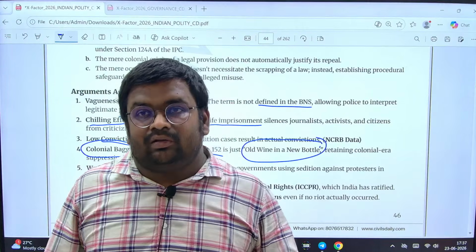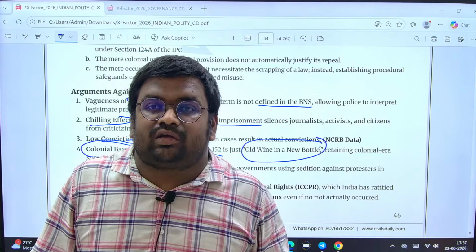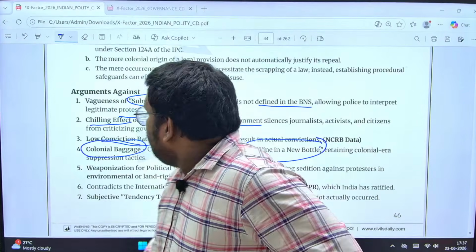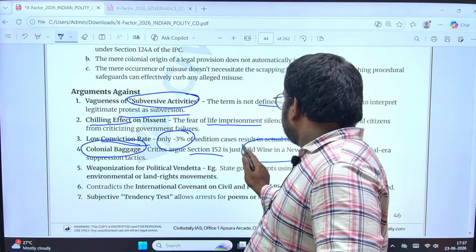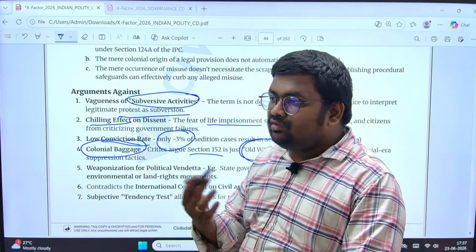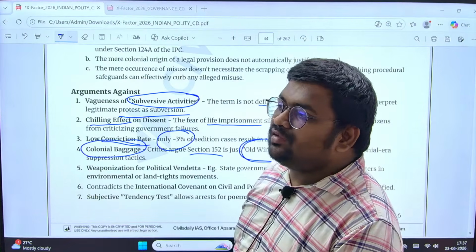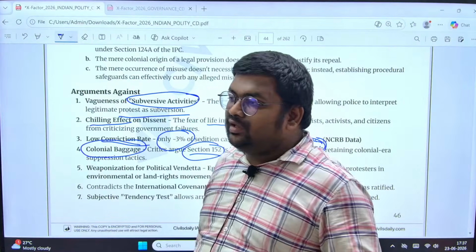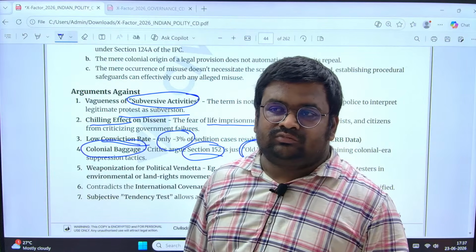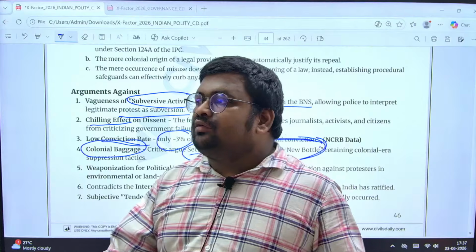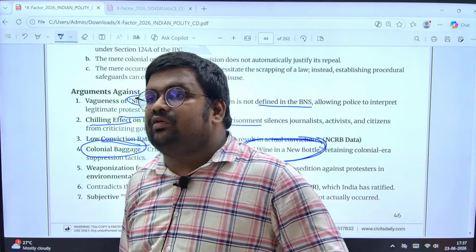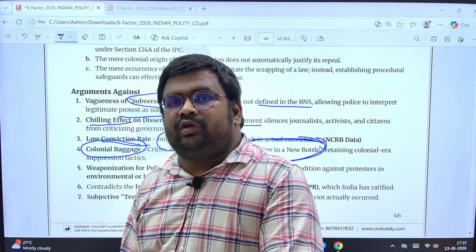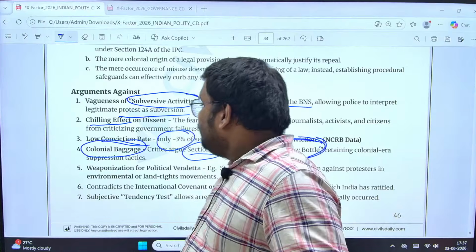So for example, critics call it as the old wine in the new bottle. Old wine is your old sedition law, that is section 124. New bottle is section 152 of BNS. Right. So even your arguments or your language of your points also get improved with the X factor.